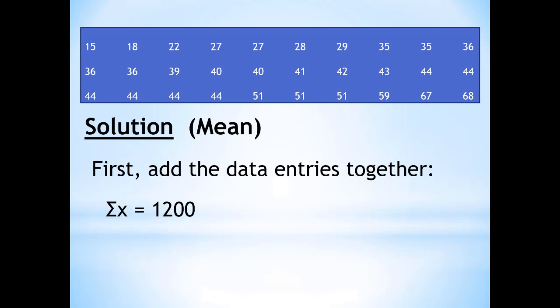Then to find our mean, we're going to take that and divide by the total number of entries we had. There were 30 data entries. So our mean is x bar, because we were told it was a sample. X bar equals sigma x over little n, which is 1,200 over 30. And 1,200 divided by 30 is 40. So the mean of this data set is 40.